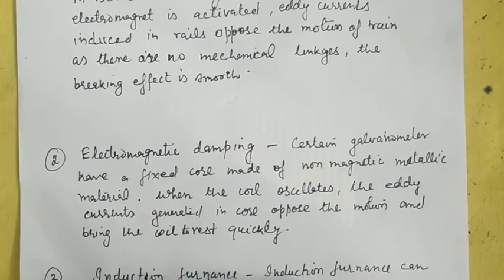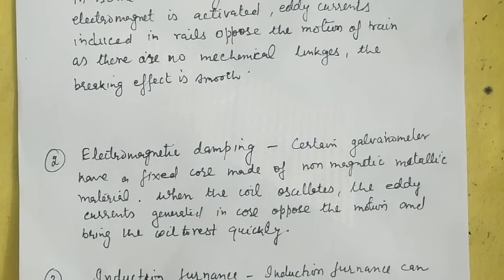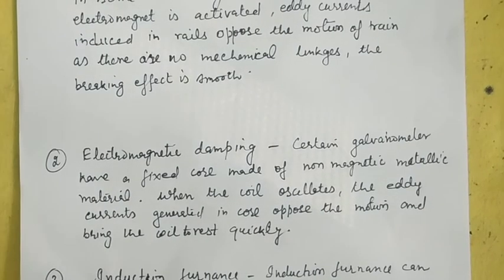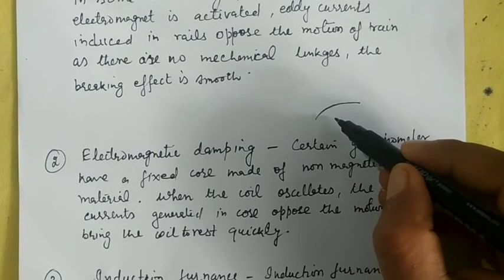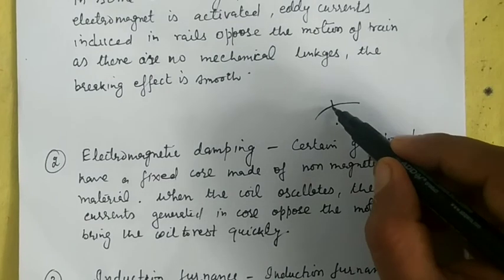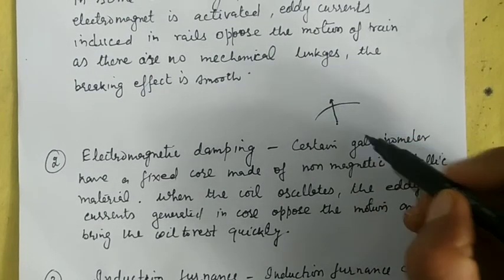The next application is electromagnetic damping. Galvanometer has a fixed core made up of non-magnetic metallic material. When the coil oscillates, the eddy current generated in the core opposes the motion and brings the coil to rest quickly. If you use a simple galvanometer, then this needle will not be at rest.